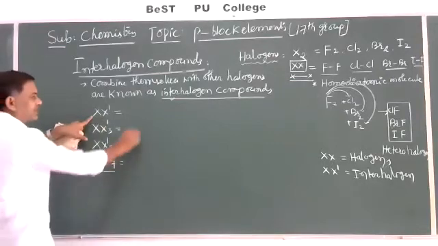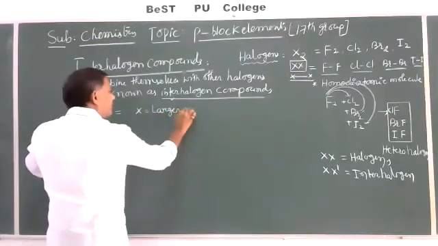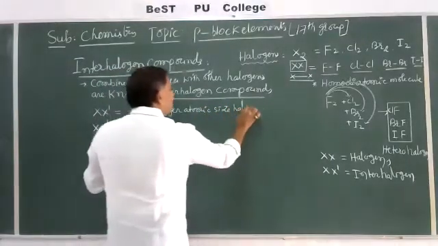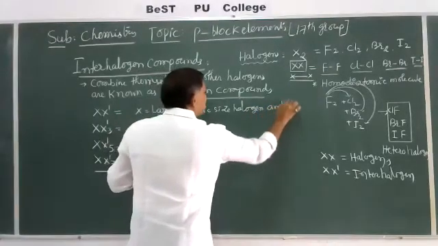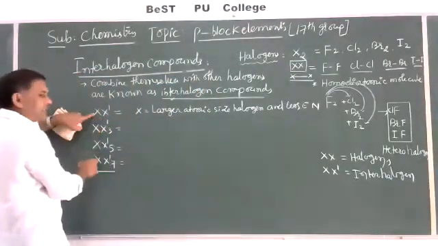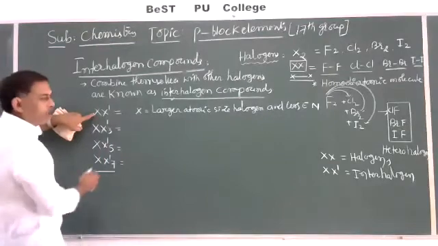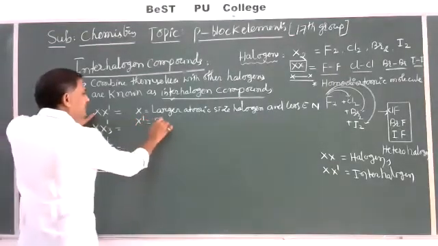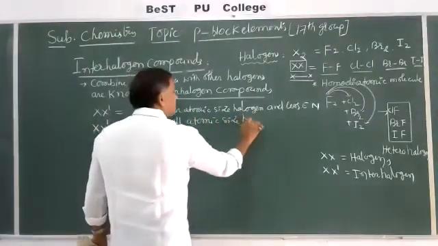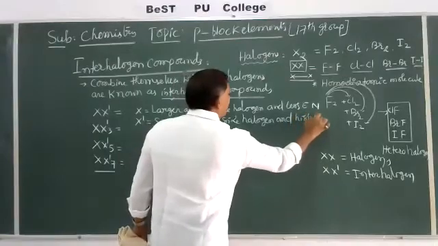In all cases, X is the halogen of larger atomic size or atomic number and lower electronegativity. X' is the halogen of small atomic size, and if it is small, it is a highly electronegative element.